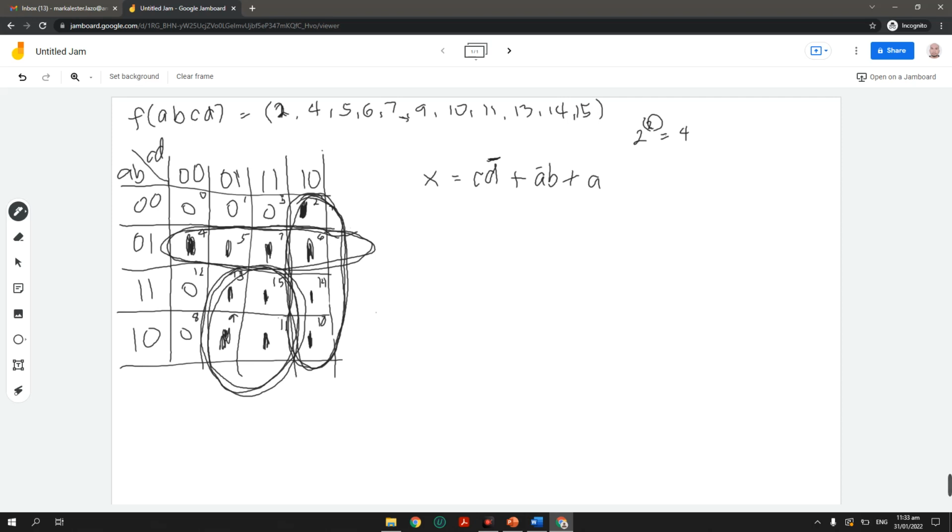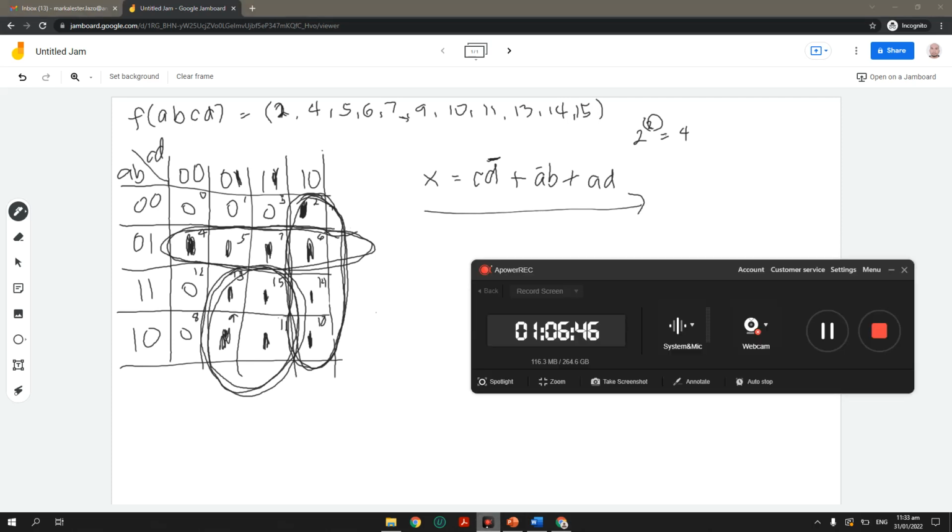How about the D? The D is 1, also here is 1, so the D will be considered. So our simplified equation is CD complement plus A complement B plus AB complement. So that's it for our Karnaugh mapping.